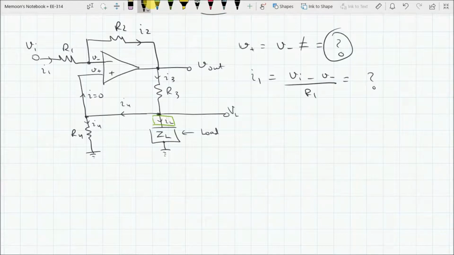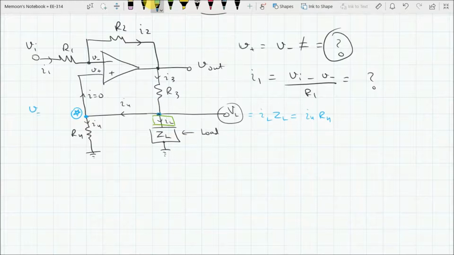What is this potential VL here? VL is equal to ILZL, the current flowing through the load. And are these in parallel? Yes, they are. So this is equal to I4 R4. So what is the potential at this point?